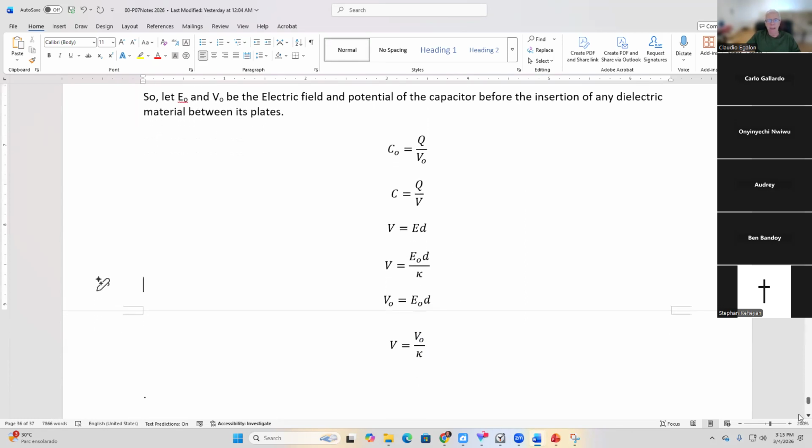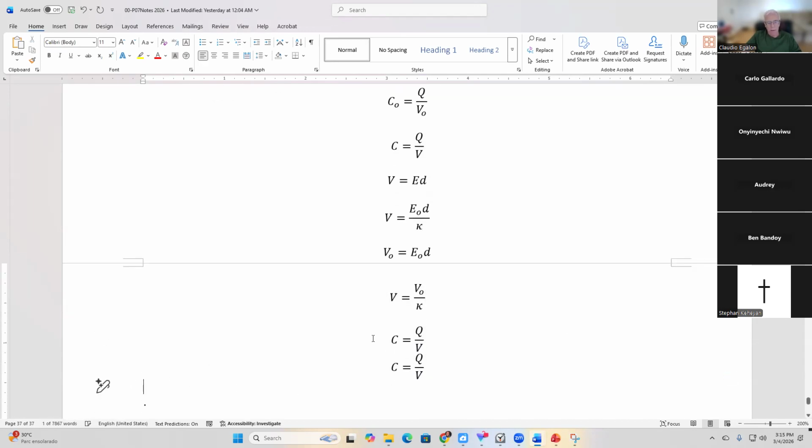okay? And now we are coming to a point that we can figure out what's going to happen to the capacitors. So going back to this equation here, right? Note that we're going to substitute V right in here. My V goes here inside, right?